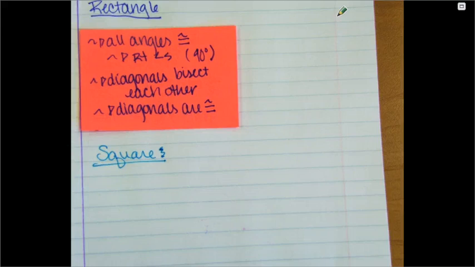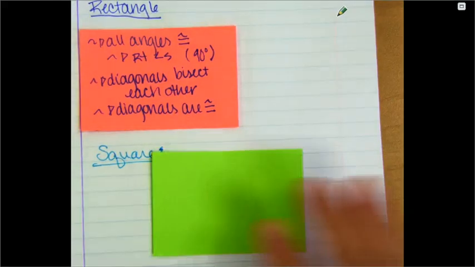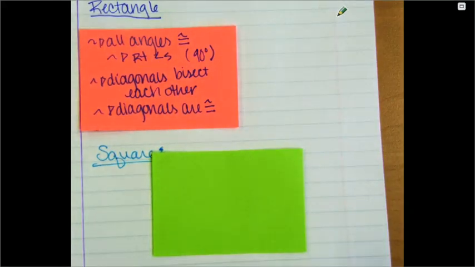So, we have a rectangle, and we're going to make it into a square. No, you cut it in half. What does that make? Another rectangle. Very good. So, we can't cut in half. But I'm going to show you how to do it. Ready? Origami? Yes.